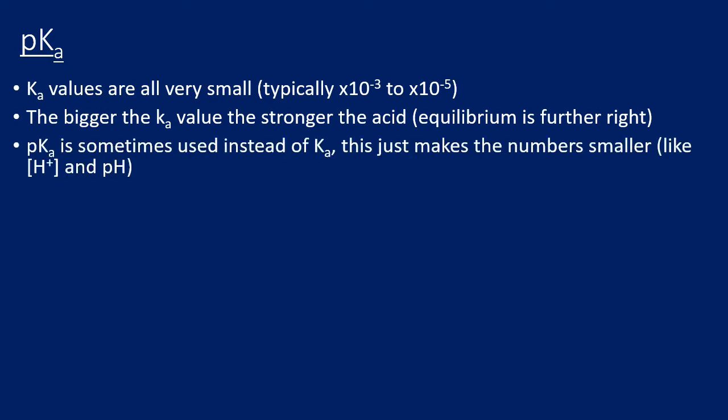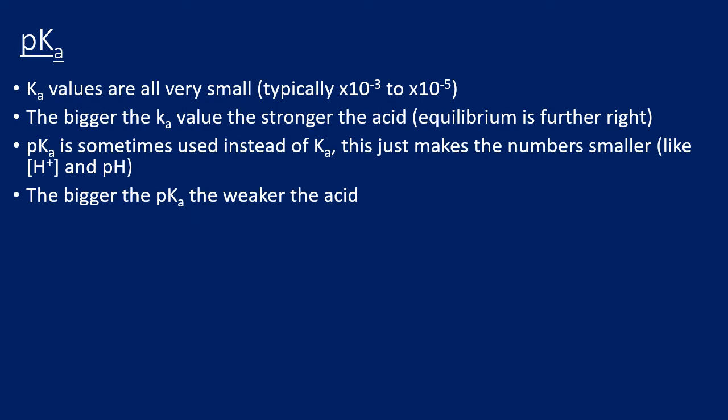pKa is often used instead of Ka, and that's just because it makes the numbers more manageable, just as we've seen with the H plus concentration and the pH. The bigger the pKa, the weaker the acid, because as Ka increases, pKa is going to decrease. So it's not what you'd expect.